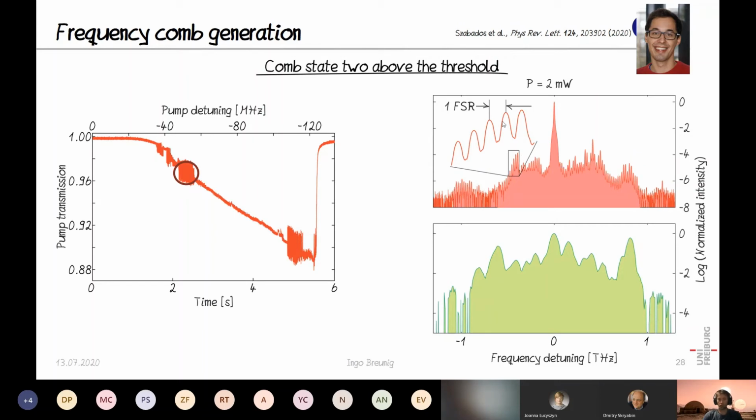Here we can resolve the lines. You can really see it in the spectrum. And you see a broad continuous spectrum around the second harmonic, but this continuous spectrum is just due to the fact that we cannot resolve the individual lines with this spectrometer, but we believe they are there.